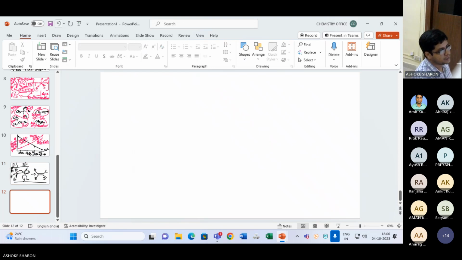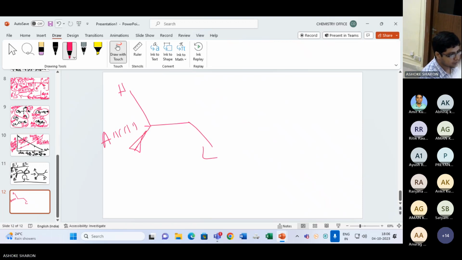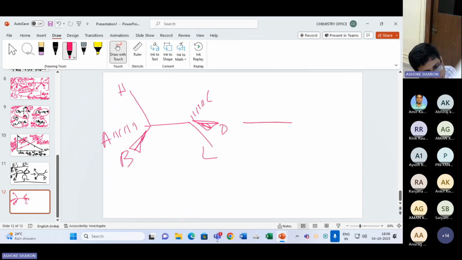Better. So if I draw L, hydrogen, A, B, C, D. Okay. Now the leaving group leaves first. L will be removed, minus L. Then what will you get?